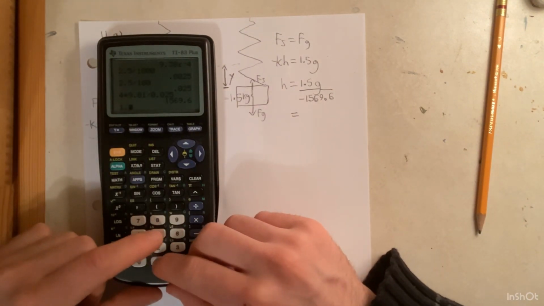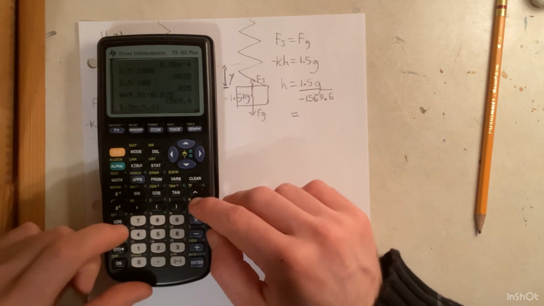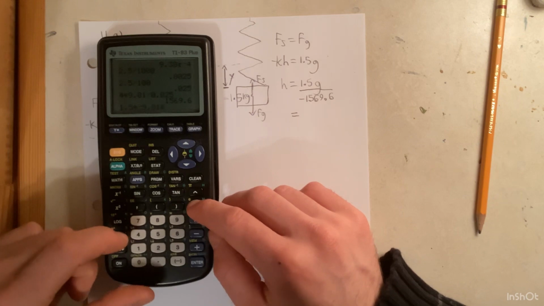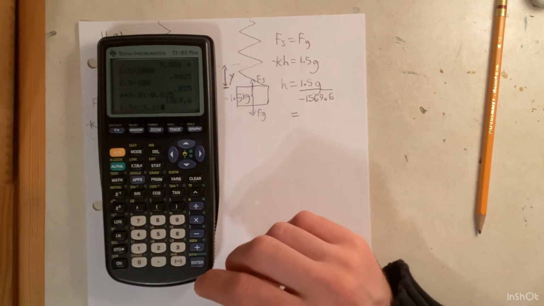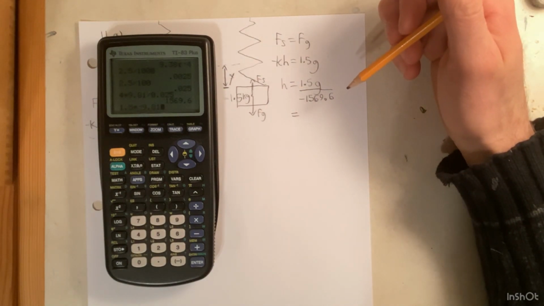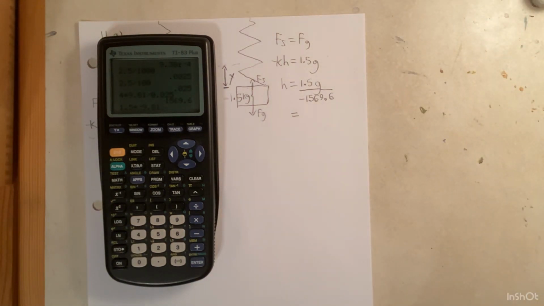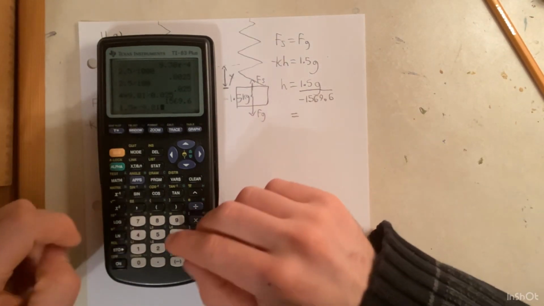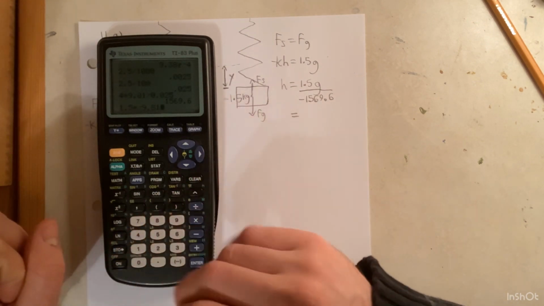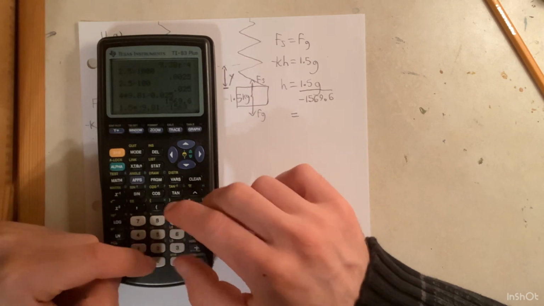So 1.5 times negative 9.81, divided by negative 156.